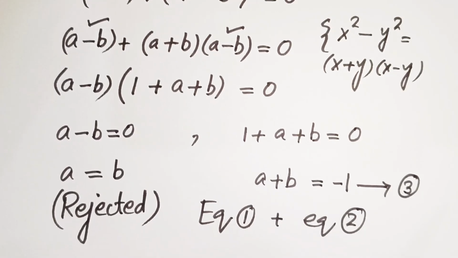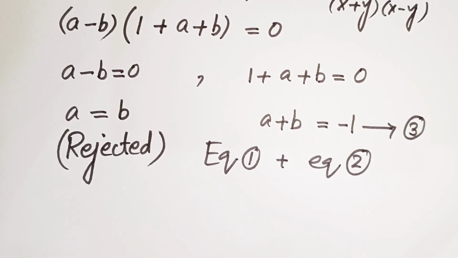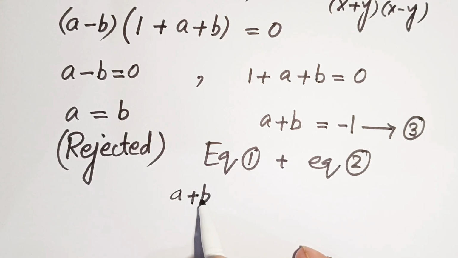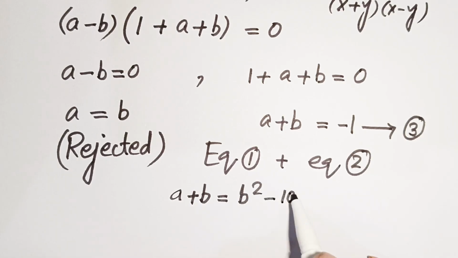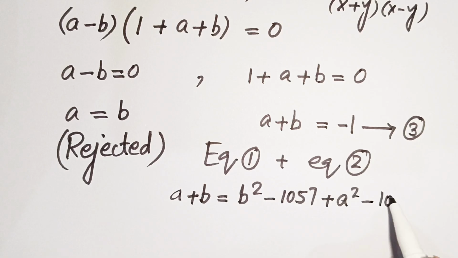Adding these two equations, on the left hand side we have a plus b, that is equal to b squared minus 1057 plus a squared minus 1057.